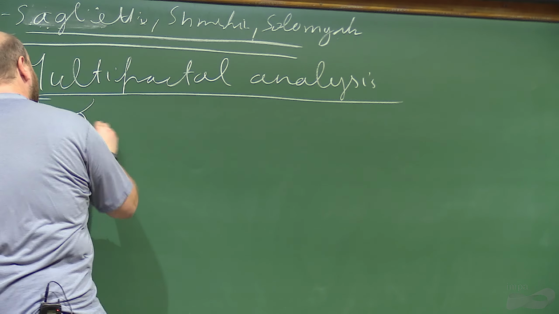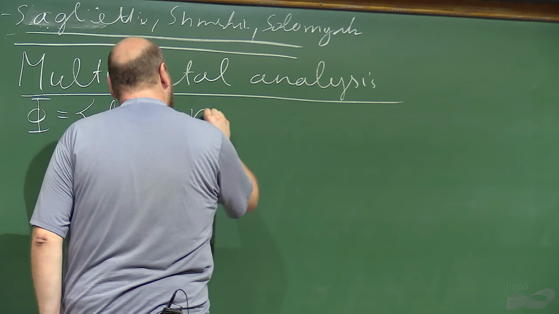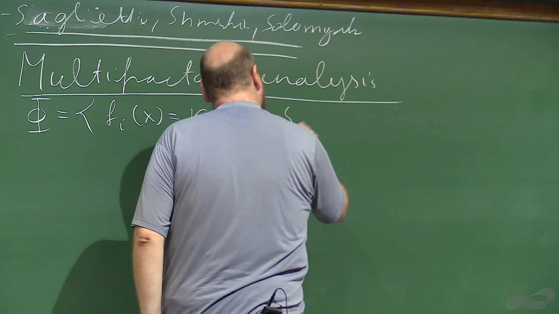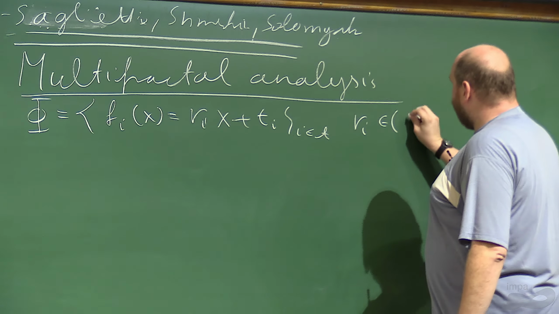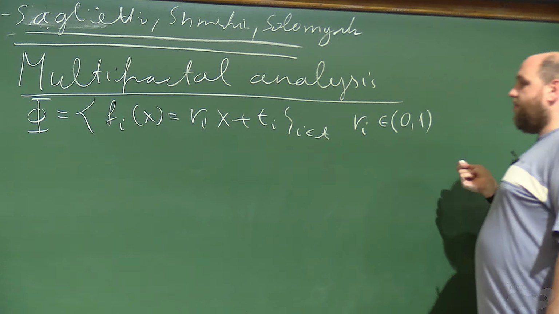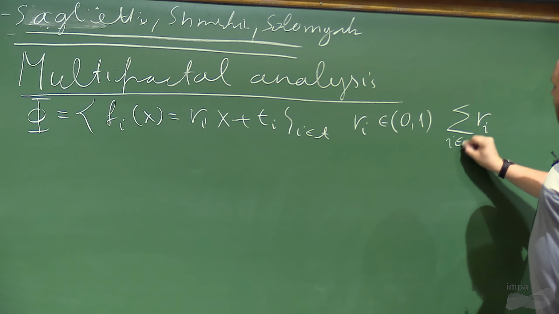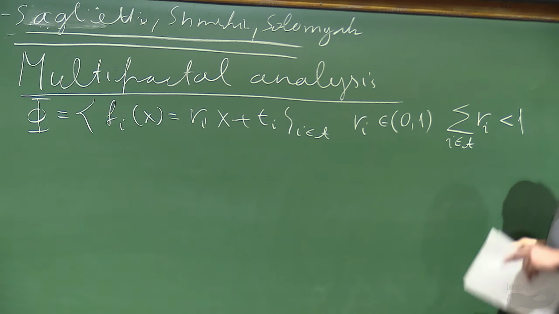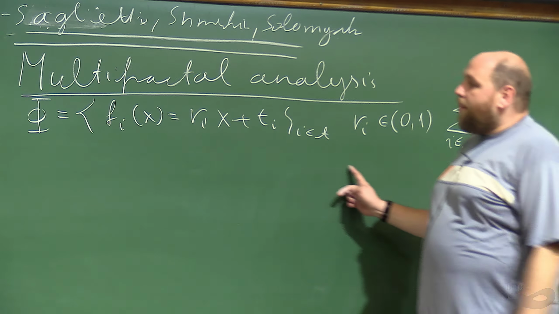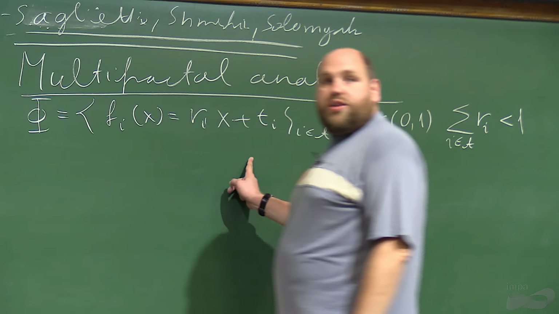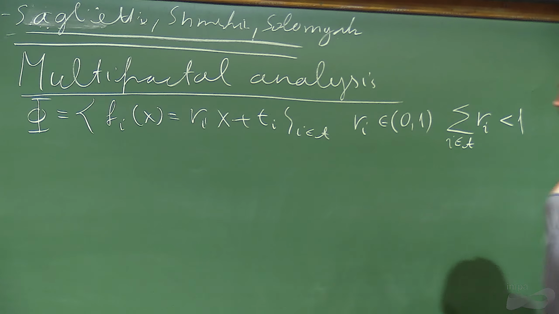And also in this self-similar world, I will restrict myself to the real line. So Ri is positive and smaller than 1. And I also assume that the sum of the contracting ratios is strictly smaller than 1. What does this mean? My attractor is expected to have dimension strictly smaller than 1. This is what this condition means.